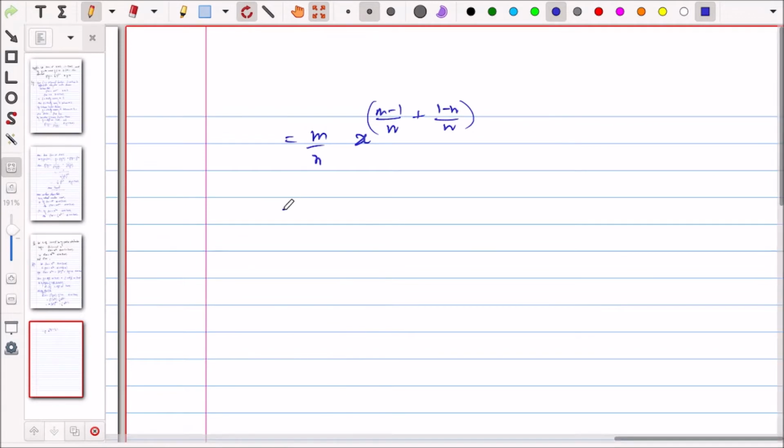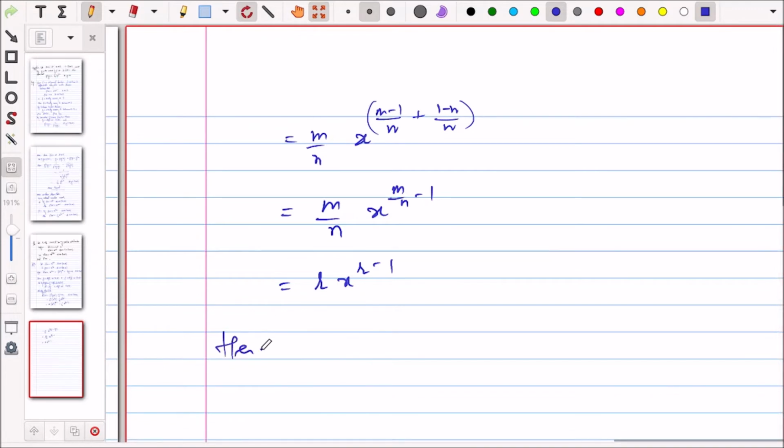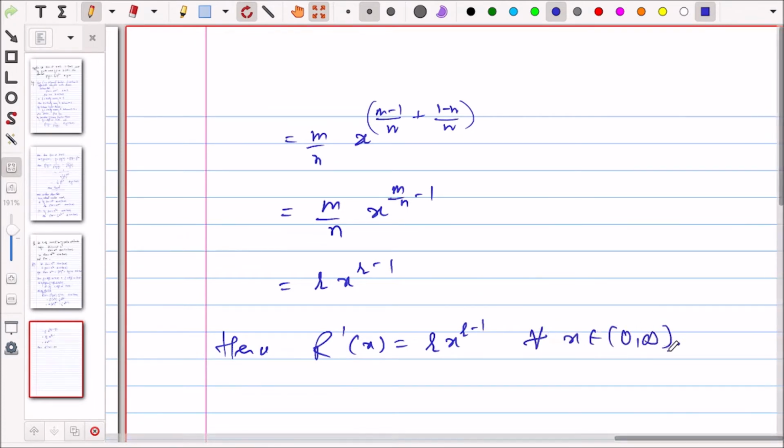So when you add them, what you get is m by n times x to the power m minus n by n, which is m by n minus 1, which is equal to r times x to the power r minus 1. Hence r dash of x is equal to r times x to the power r minus 1 for all x belonging to 0 to infinity.